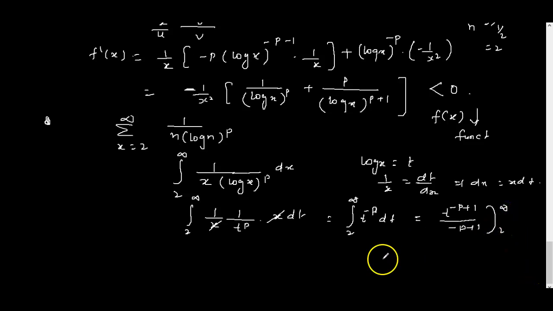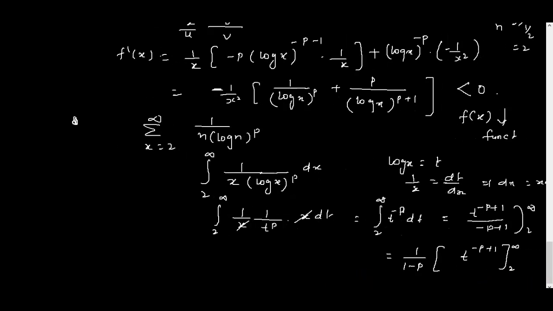Now 1 by 1 minus p is outside, so the limit of this is t to the power of minus p plus 1 from 2 to infinity.